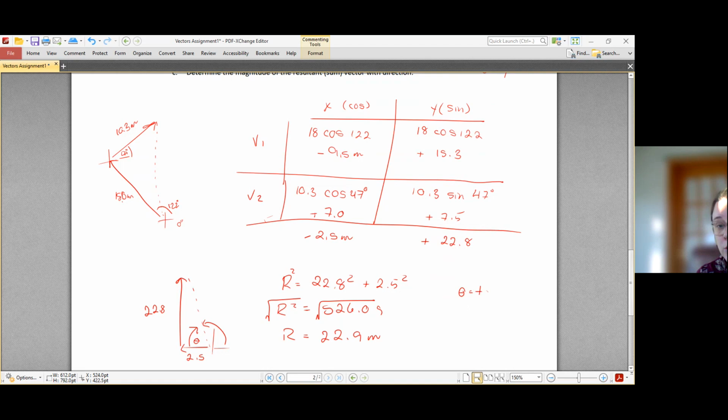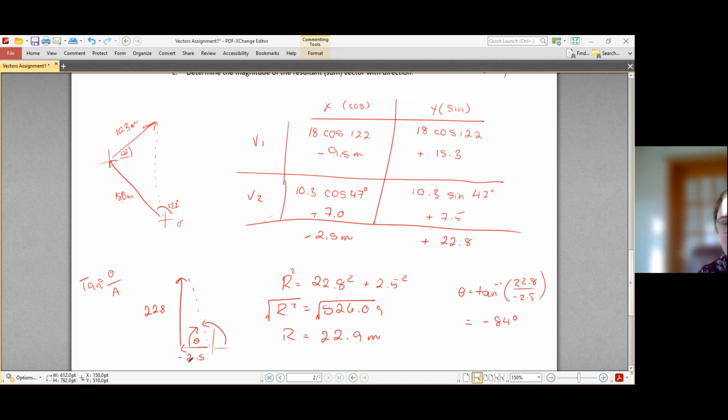So our angle is going to use tan. Tan, I always write it out, tan is opposite over adjacent. So opposite goes first, so that's going to be our 22.8. Adjacent is going to be negative 2.5. Should maybe put the negative sign in there as well. So if you put that in your calculator, you would get an angle of negative 84 degrees.